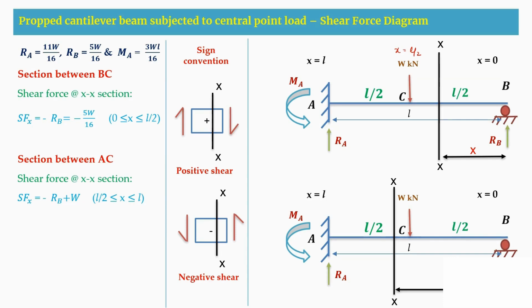And here you have a load of W, which is in clockwise direction, so it is plus W. The limit here is from X equal to L by 2 to X equal to L. When we solve this shear force, you get 11W by 16. So from 0 to L by 2, it is a negative value of 5W by 16, and from L by 2 to L, it is a positive value of 11W by 16.